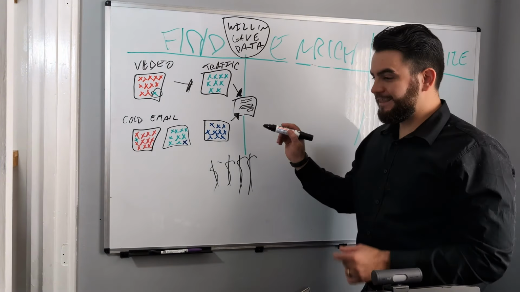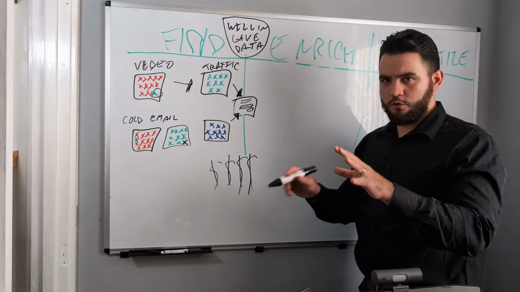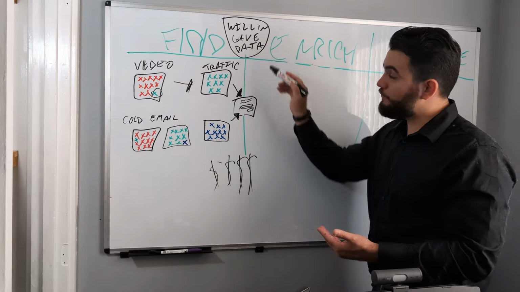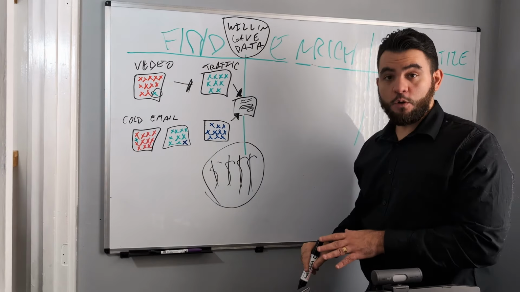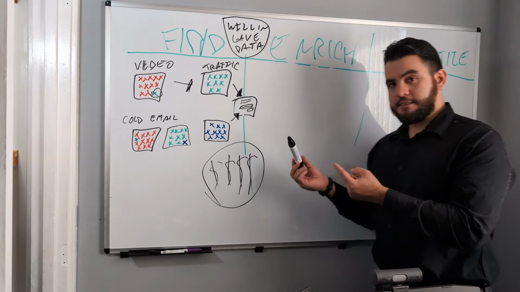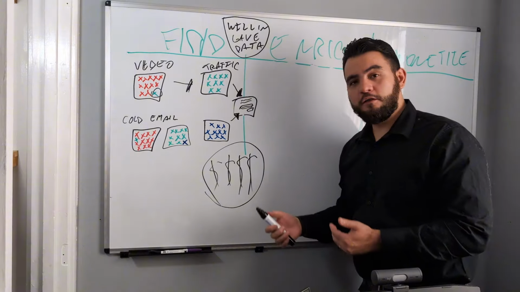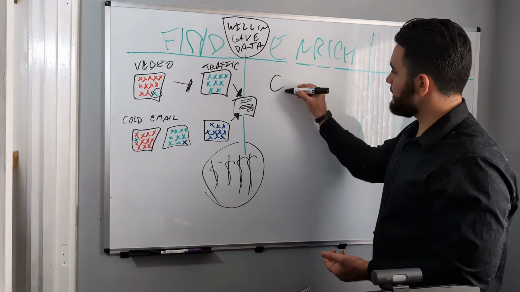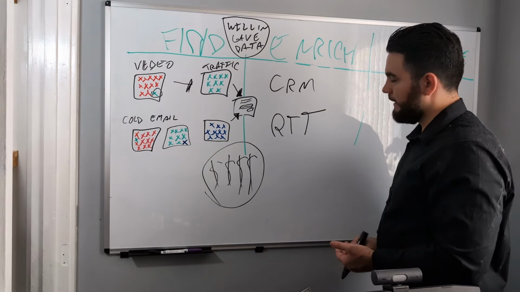So the cost you pay to get someone's details, not cold details, but someone who willingly gave you their data, this should be your biggest cost. What happens next is a phase of talking with the person for free. So we have a CRM, we have retargeting, that's it.